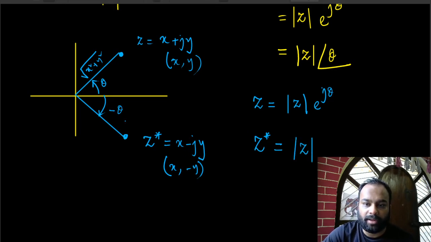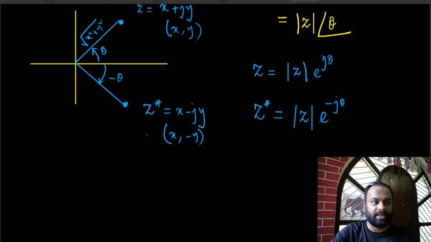So this is going to be mod z, the same distance is here, e to the power negative angle, right? If this is the positive angle, then this is giving you a negative angle, right? So please let me know if everything is fine with this discussion.